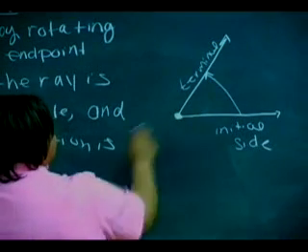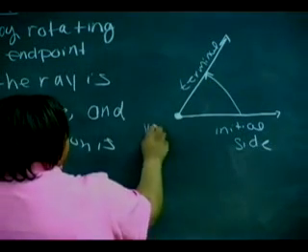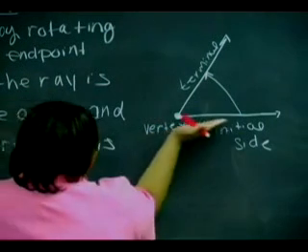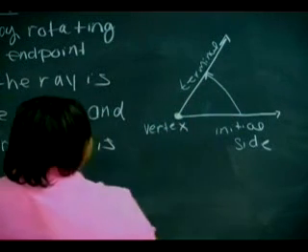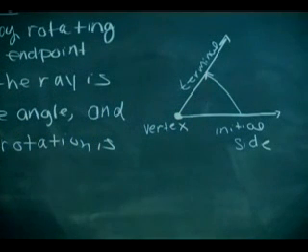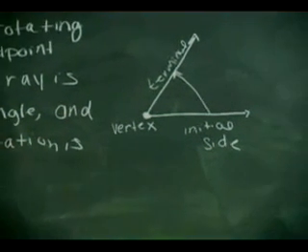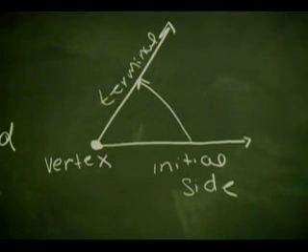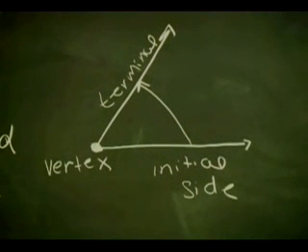This end point here is also called the vertex of this angle. And we can measure from here to there will be the measure of that angle. Okay? That's the measure of that angle. And we're going to talk about how we name these angles in a few minutes. And talk about positive angles, negative angles, and all other sorts of things about angles.